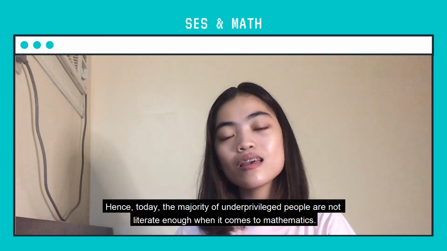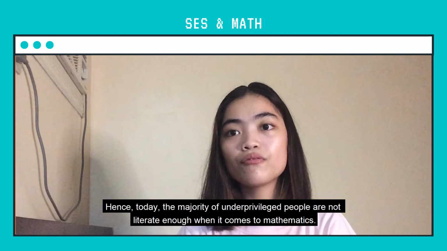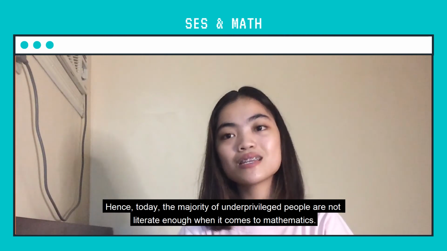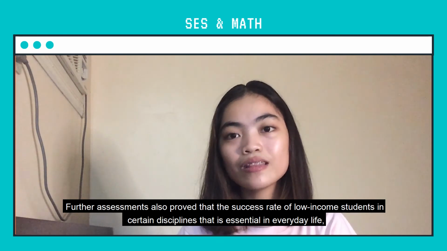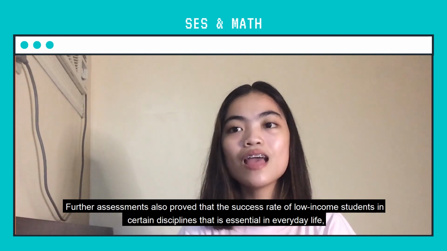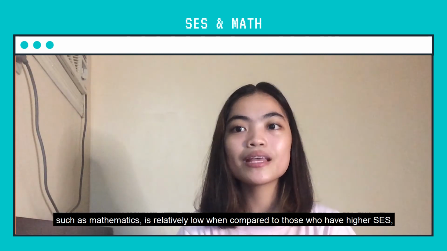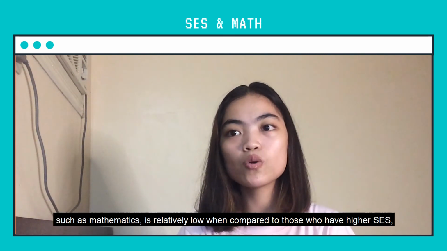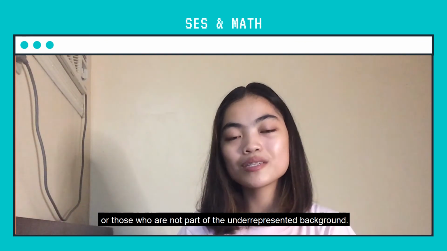Hence, today, the majority of underprivileged people are not literate enough when it comes to certain disciplines such as mathematics. Further assessments also prove that the success rate of low-income students in certain disciplines that are essential in everyday life, like mathematics, is relatively low when compared to those who have higher SES or those who are not part of the underrepresented background.